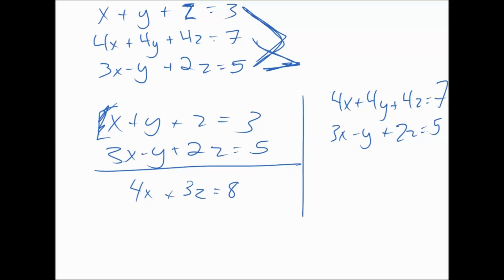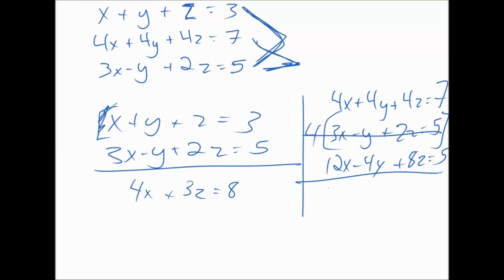We've got to find out what we want to do. We're going to try to get rid of that y again, so we need to multiply everything times 4. You get 12x minus 4y plus 8z equals 5. Add those together. 16x plus 12z equals 5.